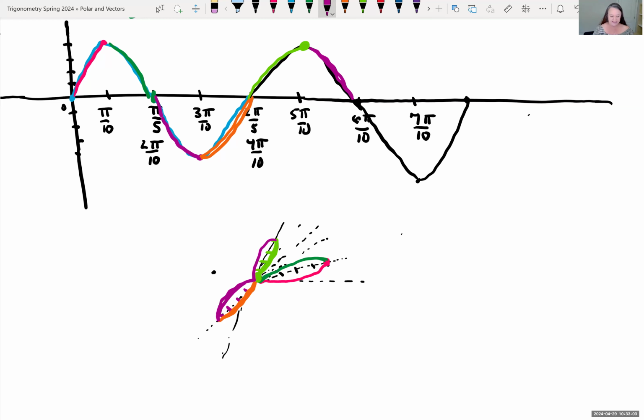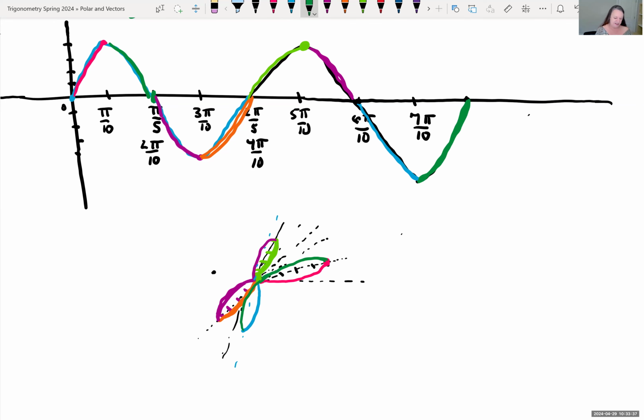6 pi/10, I'm negative, so I'm going to be a reflection across. So I would figure out where 6 pi/10 was a reflection across. And we're decreasing. We're going to get back up in here for 7 pi/10.